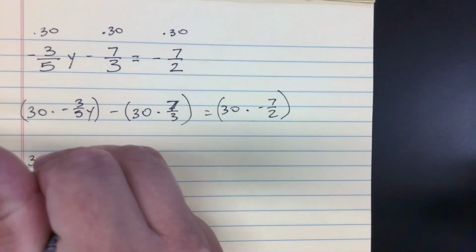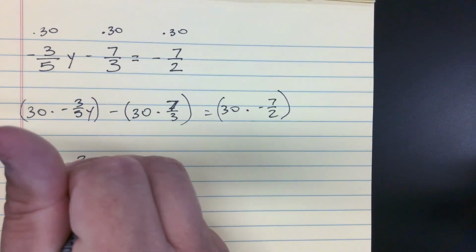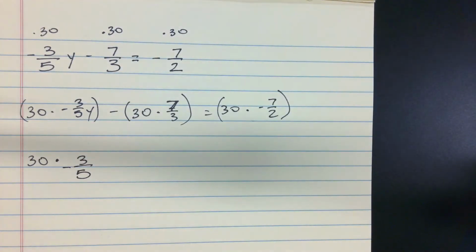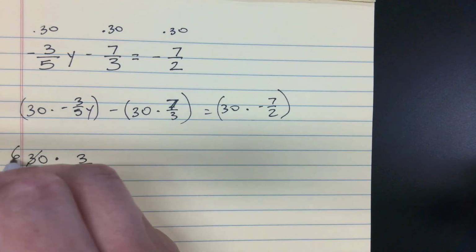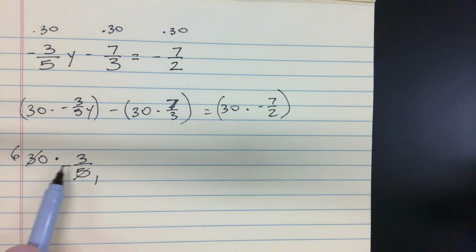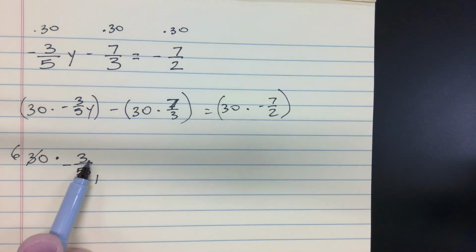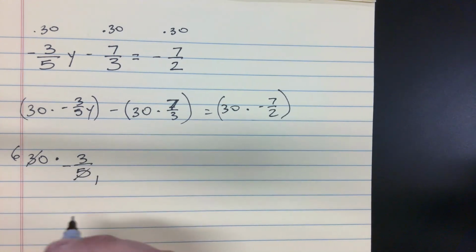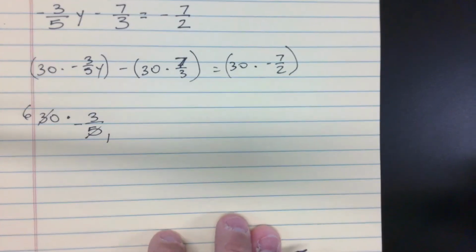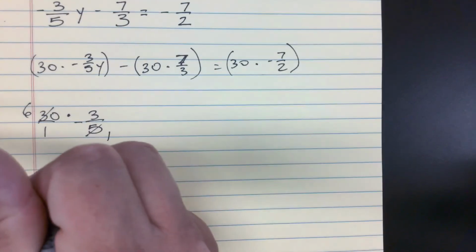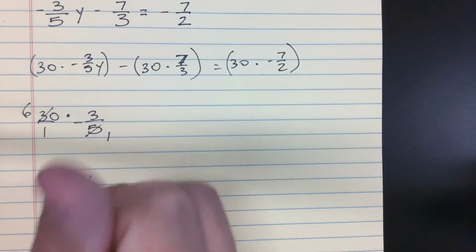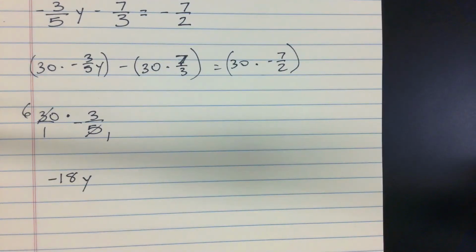So if we have 30 times negative 3/5, what we can do is check this out. This reduces to 1 and a 6, which then we have 6 times a negative 3 is what? Yeah, you can. It doesn't change anything though. Negative 18, right? So the first term now becomes negative 18.